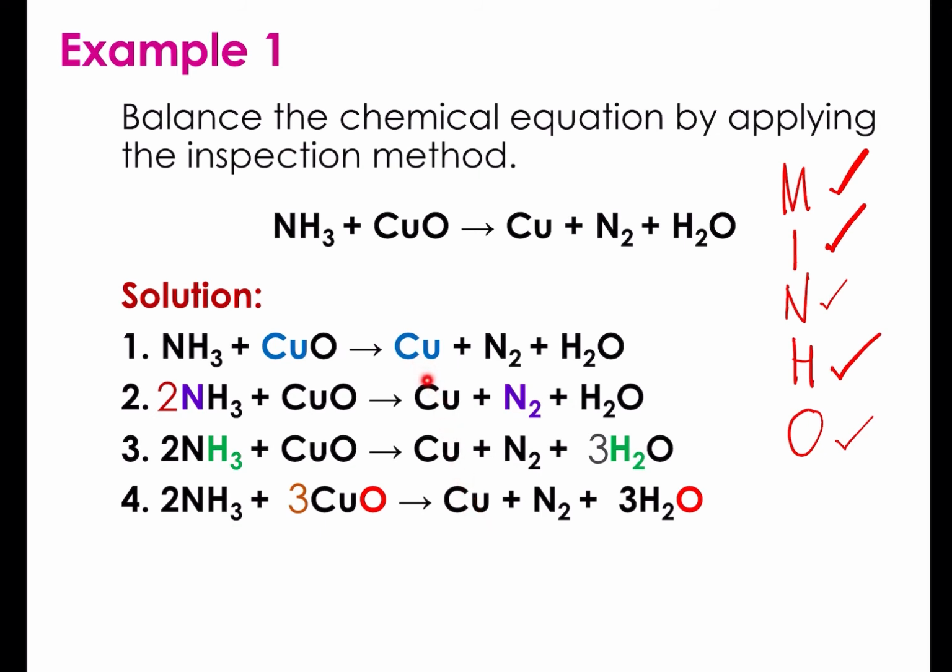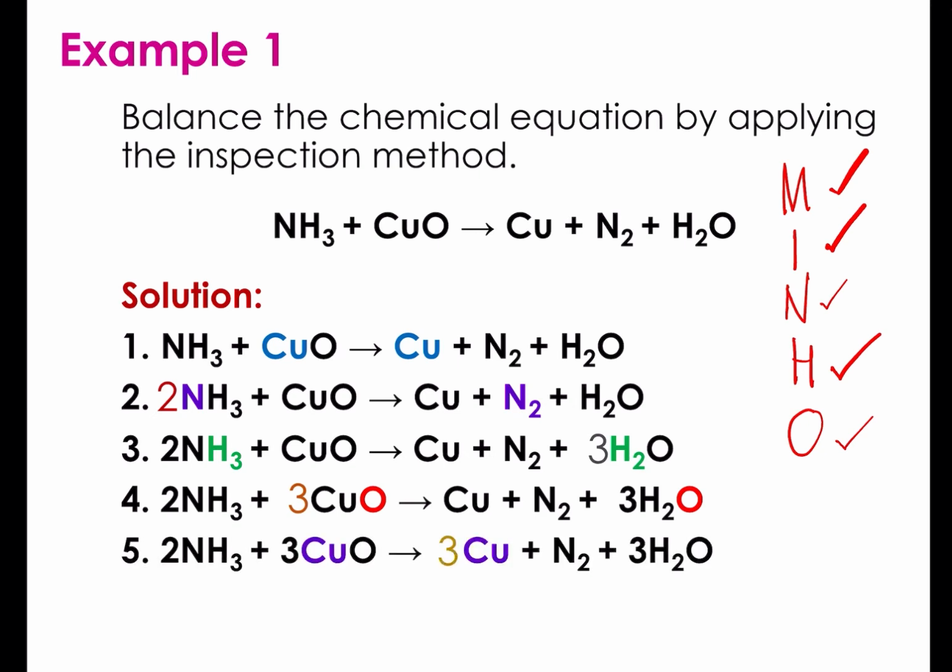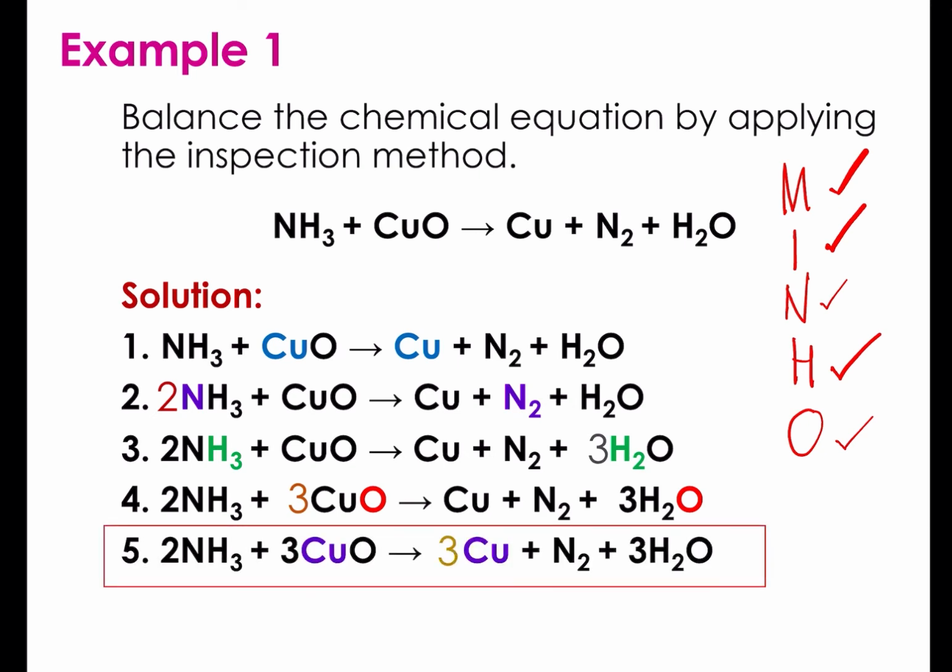So, what we have to do, kita kena balance lah. So, you have to repeat in order to avoid jawapan yang salah. So maknanya untuk kes ini kita kena balance Cu selepas oksigen sebab dia memang tangkup sekali. So I'm going to put coefficient 3 dekat depan Cu. So this is my final equation yang sudah balance.